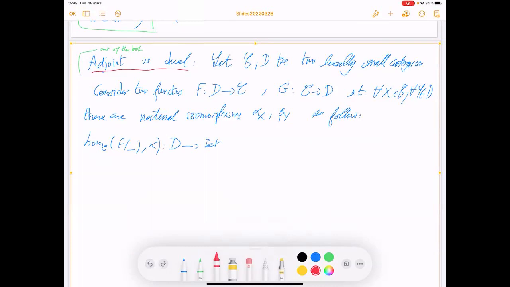And here you apply the natural isomorphism from this functor. So this is the arrow for natural isomorphism to this functor, Hom D, G of x, from D to Set. And similarly, this is a functor from D to Set. So you put the element of D here. So you have this functor like that.